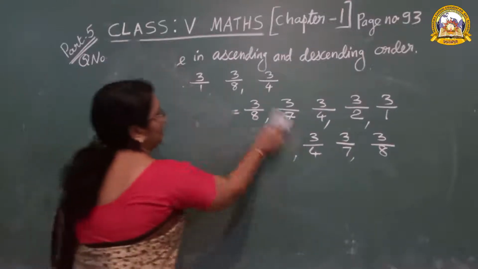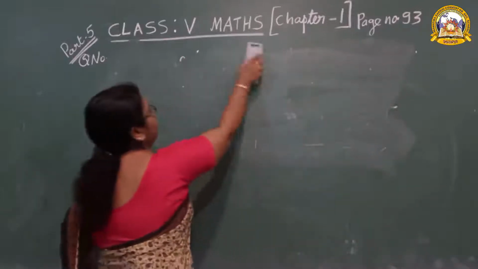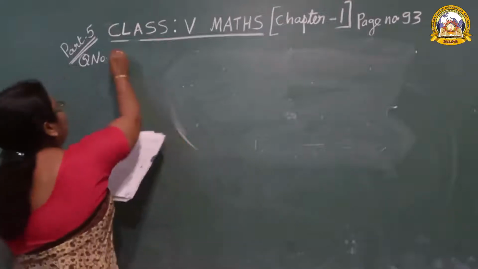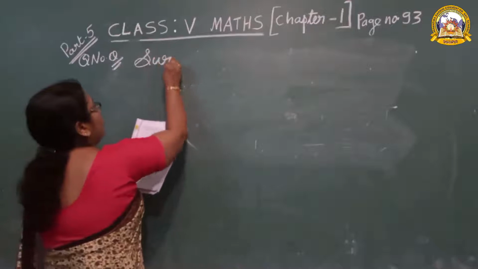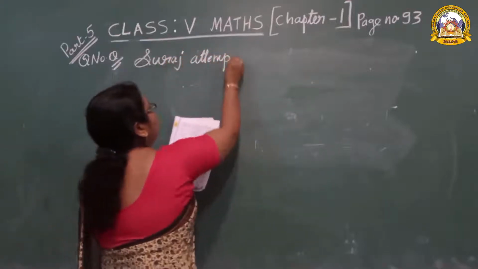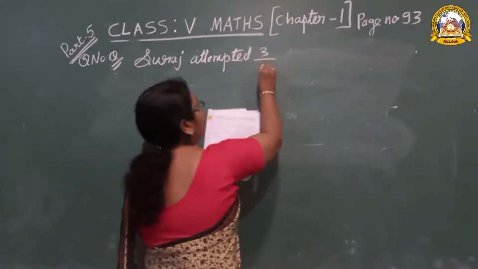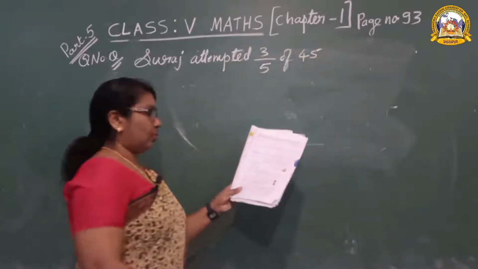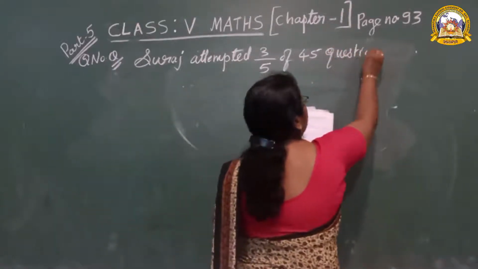Look here, next question. Read the question. What is written there? Yes, it is a word sum. Question number Q. Suraj attempted 3 by 5 of 45 questions.